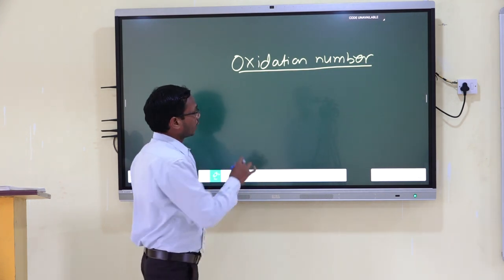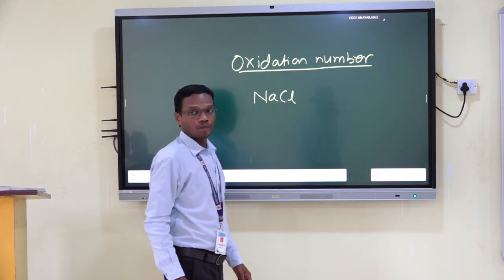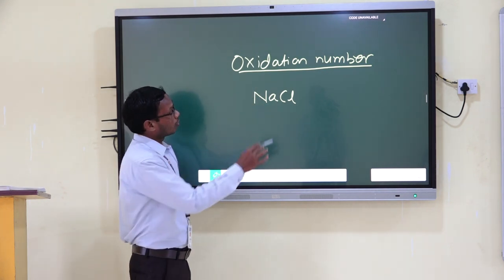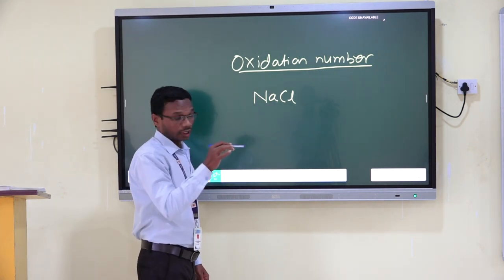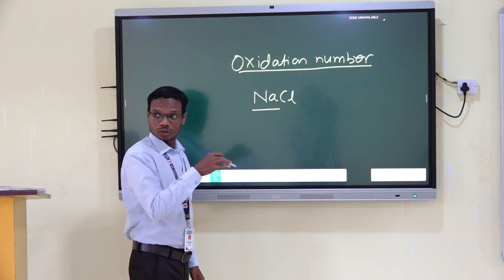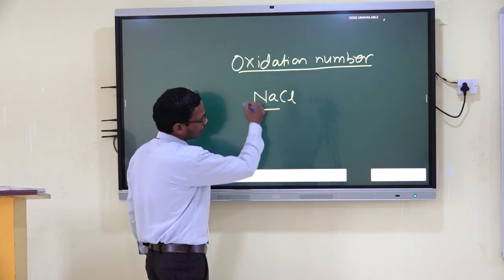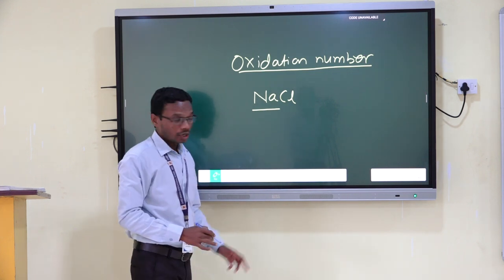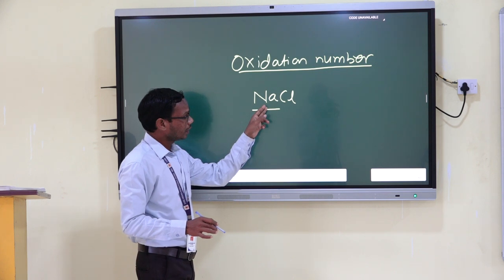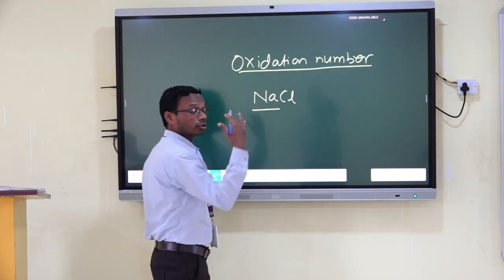Suppose, a simple example, NaCl. Now the definition of oxidation number: the oxidation number of an element is the charge when all other atoms are removed from it. This compound consists of NaCl. So the oxidation number of sodium in NaCl will be the charge appearing on sodium when all other atoms are removed.